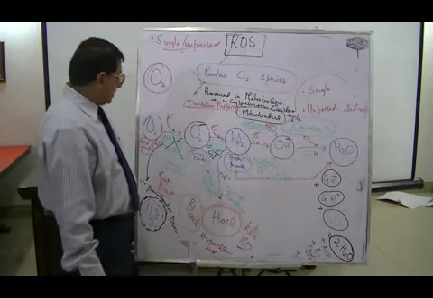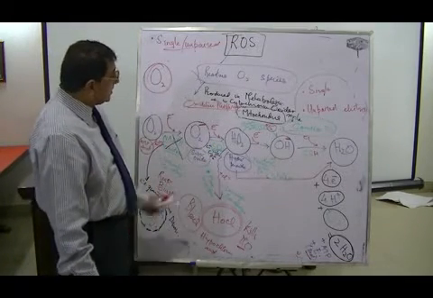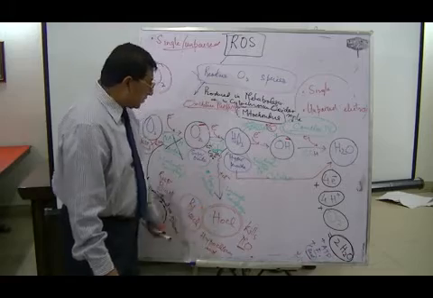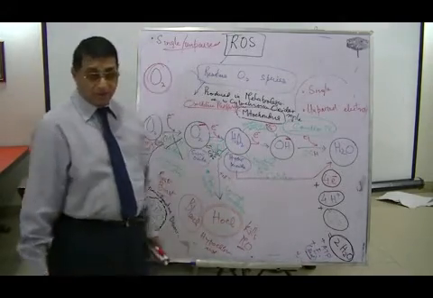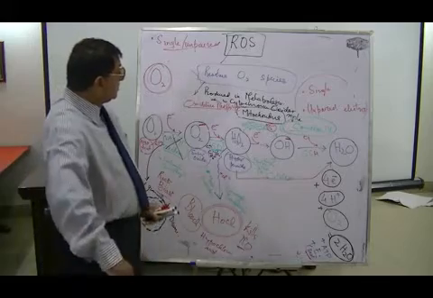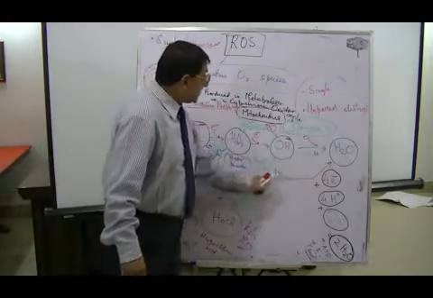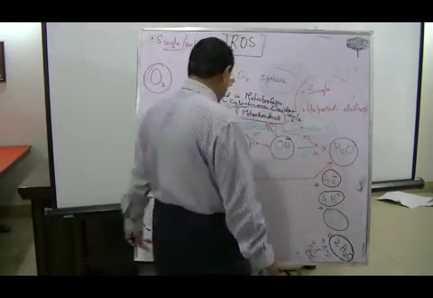H2O2, let's focus on H2O2. H2O2 is converted into hypochlorous acid. H2O2 also forms hydroxyl ion, and H2O2 is also acted upon by catalase and converted to water.